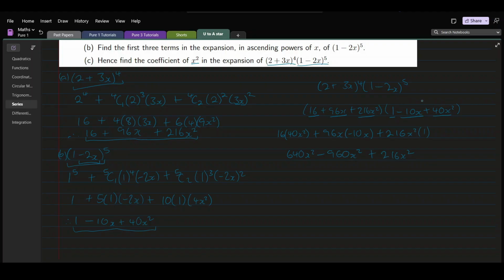That's 640 minus 960 plus 216, and this gives us negative 104x squared. So that means that the coefficient of x squared is negative 104, and this would be our final answer.